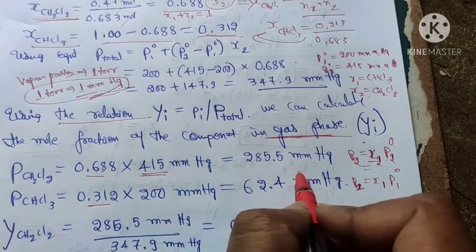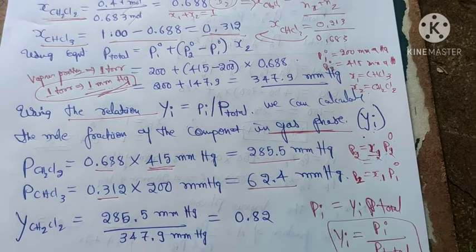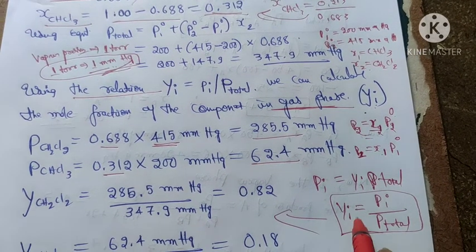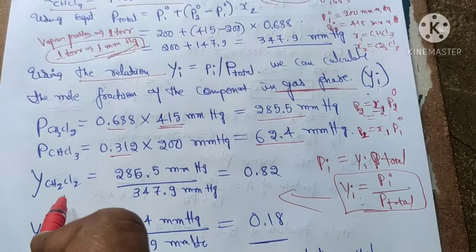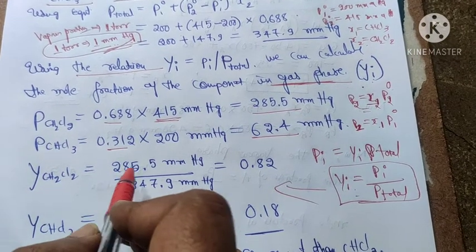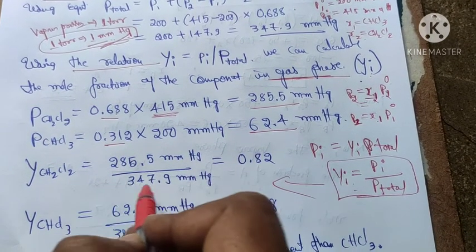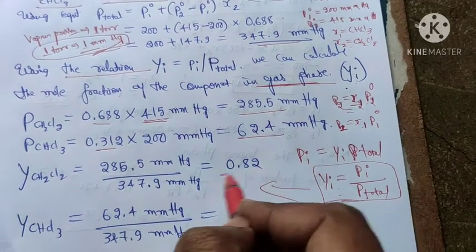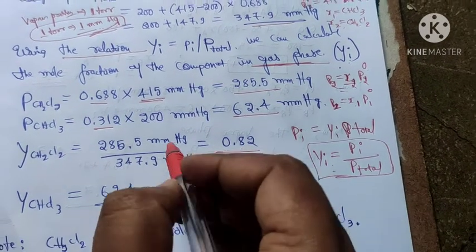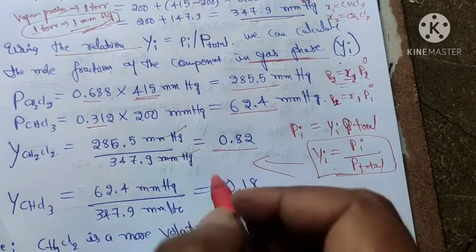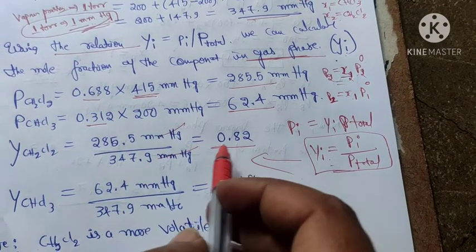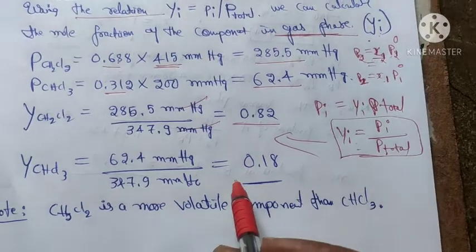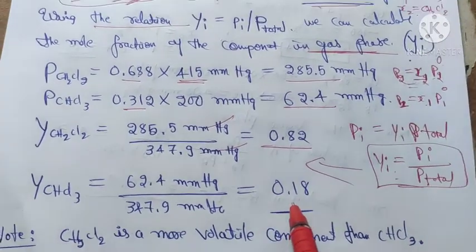So overall, multiplying gives these values. Substituting into this equation for Y_CH2Cl2, we take P1 and divide by P total. Substituting, we can get 0.82. The units cancel to give 0.82, and for chloroform we obtain 0.18.